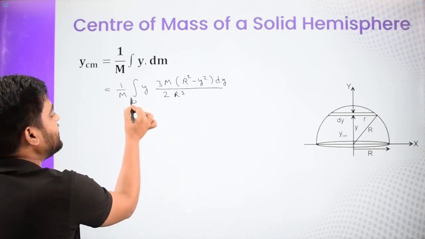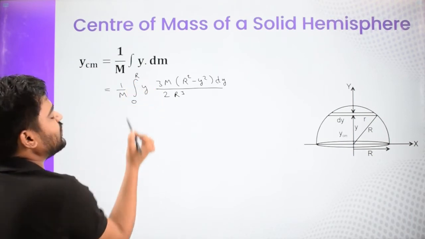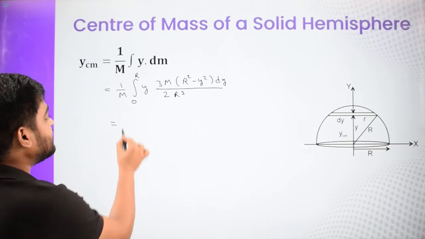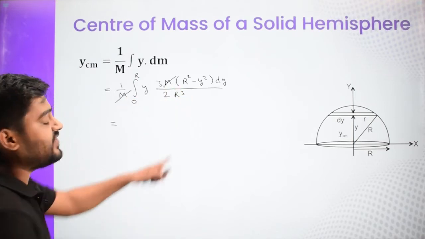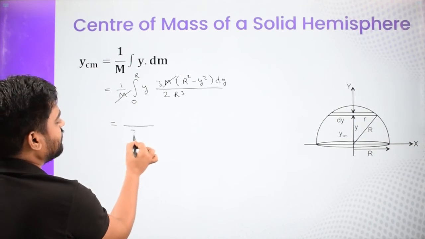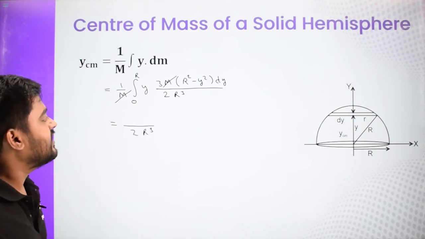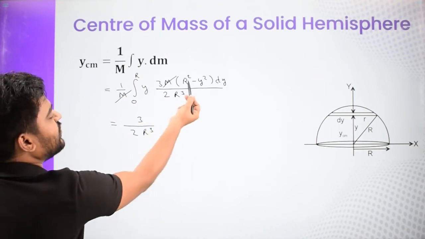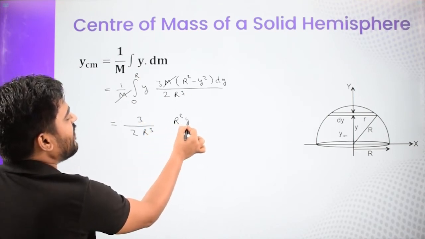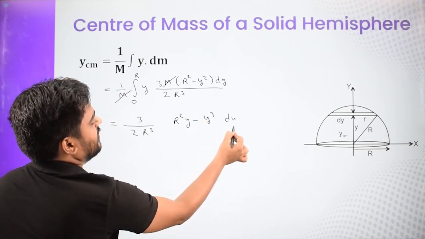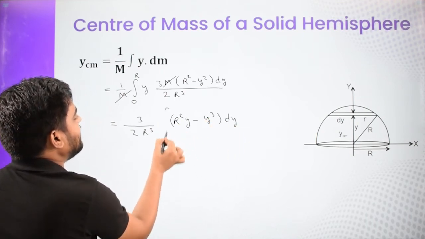What were the limits? y was varying from 0 to R. Now take things outside. So M is cancelled. This is a constant, it will come out of the integration. This 2R cube is also a constant. This 3 is also a constant. And this y is going to be multiplied. So R square y minus y cube dy. This is what we need to integrate.